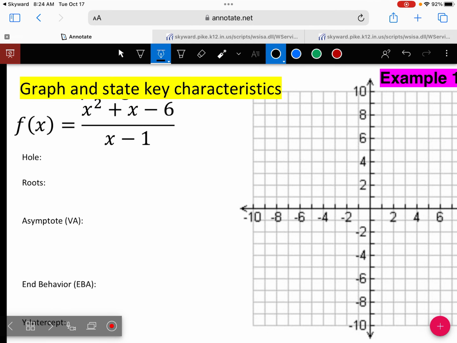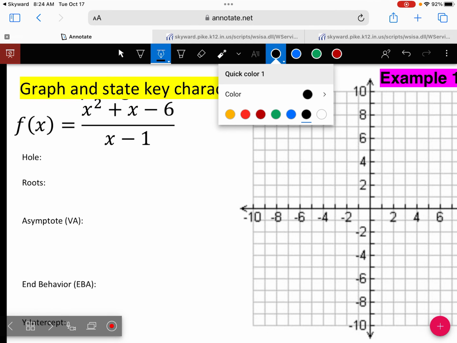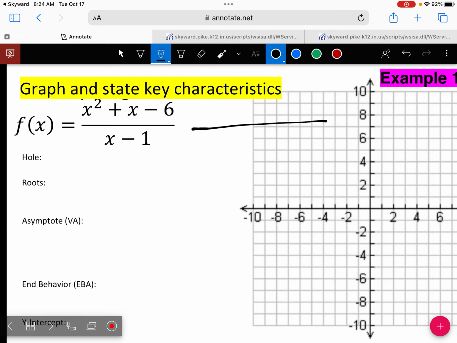Okay, so let's factor our numerator. We always start with that. If something can factor, you always start by factoring. That will always be the first step. So go ahead and factor down that x squared plus x minus 6.